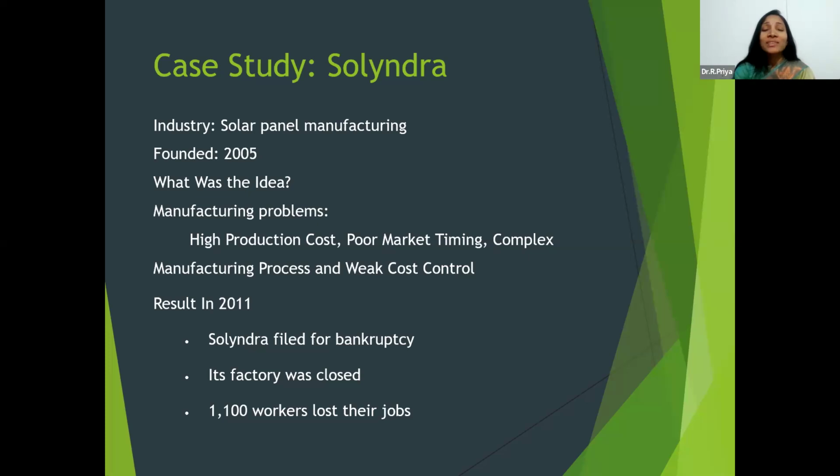So how can a company using green manufacturing technologies end in failure? Because the proper usage of the technique is most important, and the planning is most important. That's why I'm taking this case study, where they lacked.